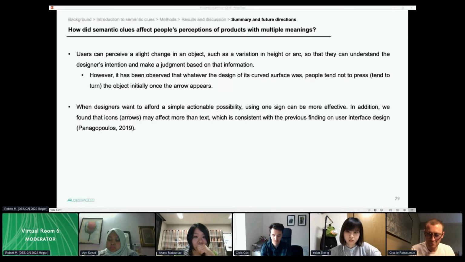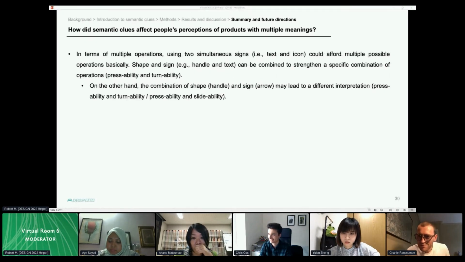In addition, we found that icons may affect more than text. When it comes to multiple operations, using 2 simultaneous signs could afford multiple possible operations basically. Shape and sign can be combined to strengthen a specific combination of operations. On the other hand, it may lead to a different interpretation.